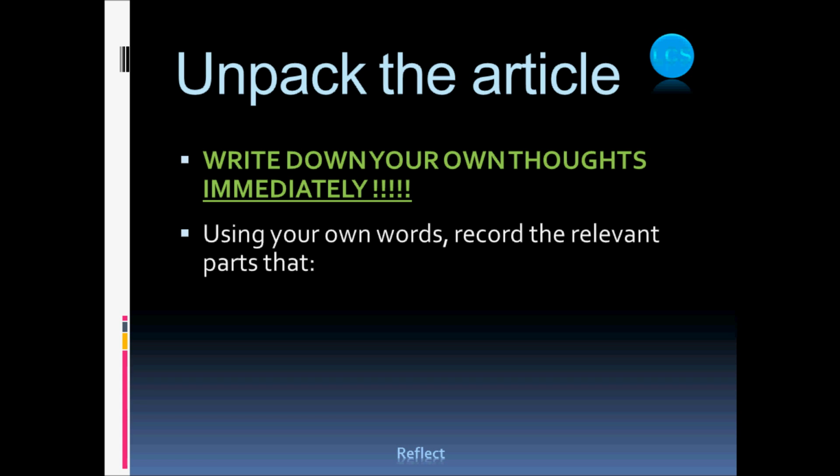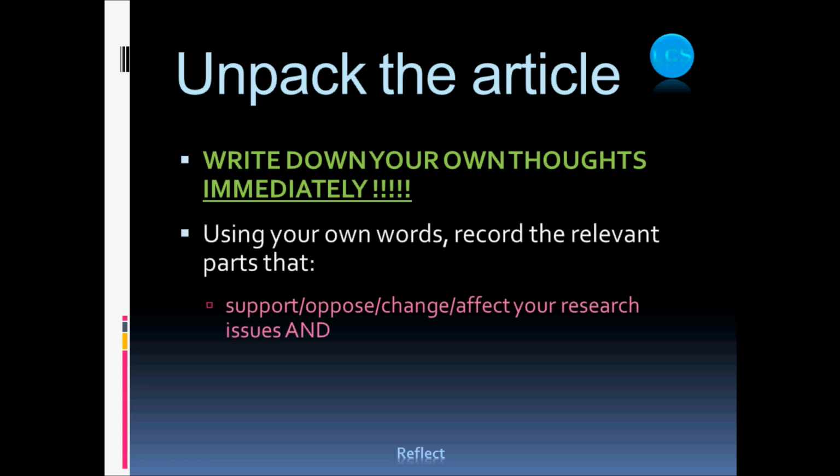Then, using your own words, record the relevant parts that support, oppose, change, or affect your research issue in any way, and how that relates to the research topic, issues, or questions that you are attempting to research. It's important always to look at what you're reading in the light of the particular topic, question, or issue that you are trying to resolve.